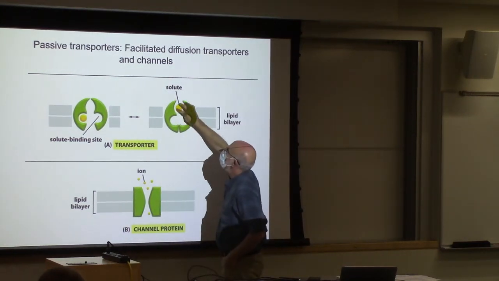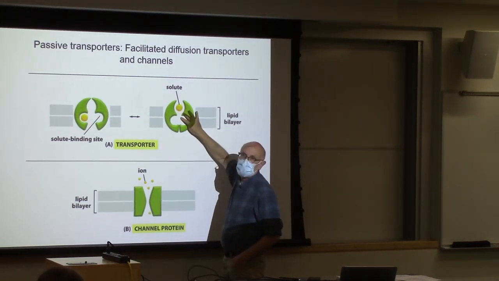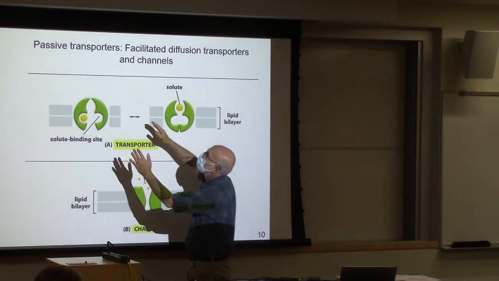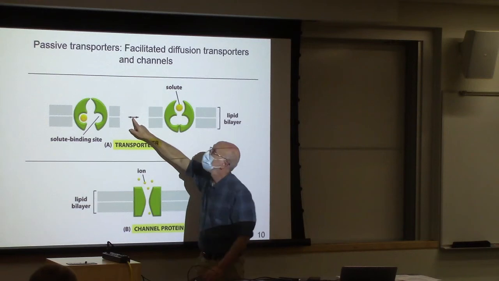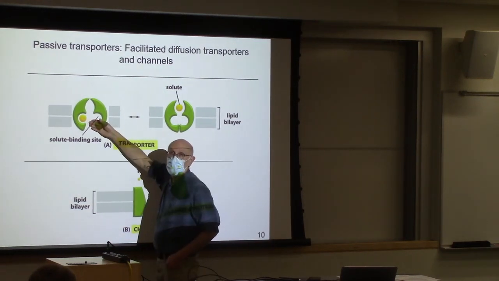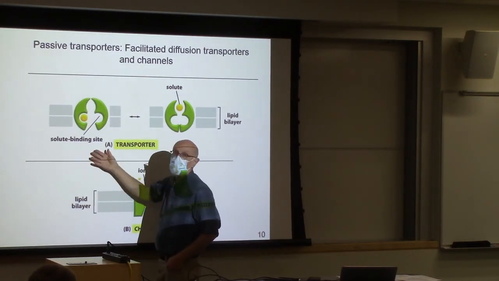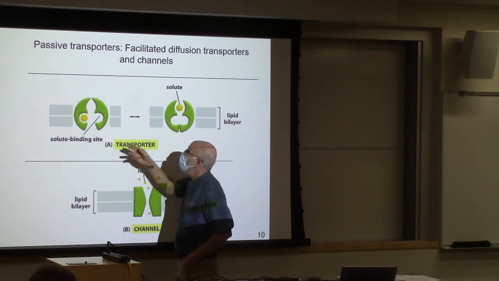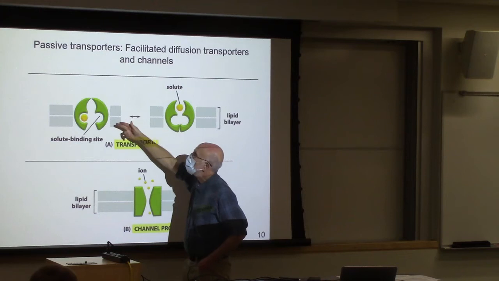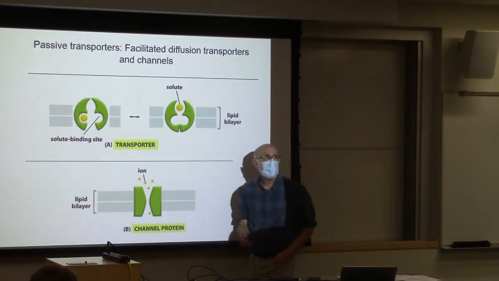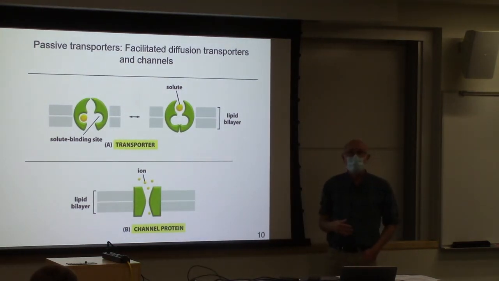The ions can move within the protein. Conformational change, that's what this arrow is, to an inward-facing conformation, and then the solute could dissociate. And so binding, conformational change, unbinding allows for passive transport of the solute.